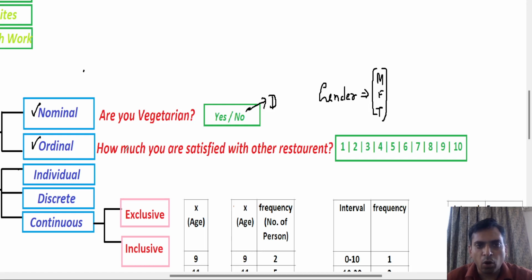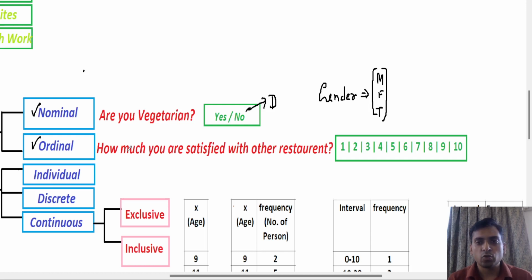The second data type is ordinal. In ordinal data, suppose the question is how satisfied you are with another restaurant, and rate your answer. When you give a rating, you will have options like 1 to 10 or 1 to 5 and others.